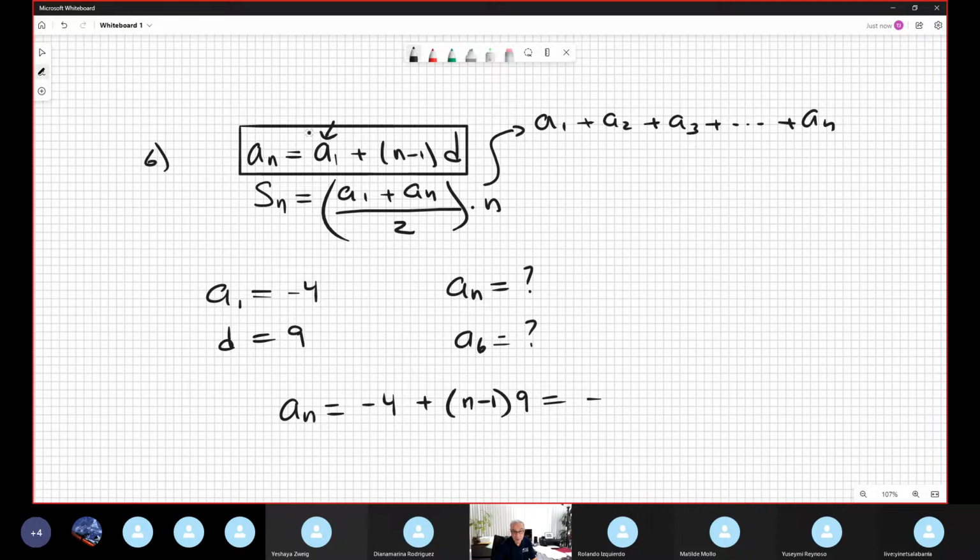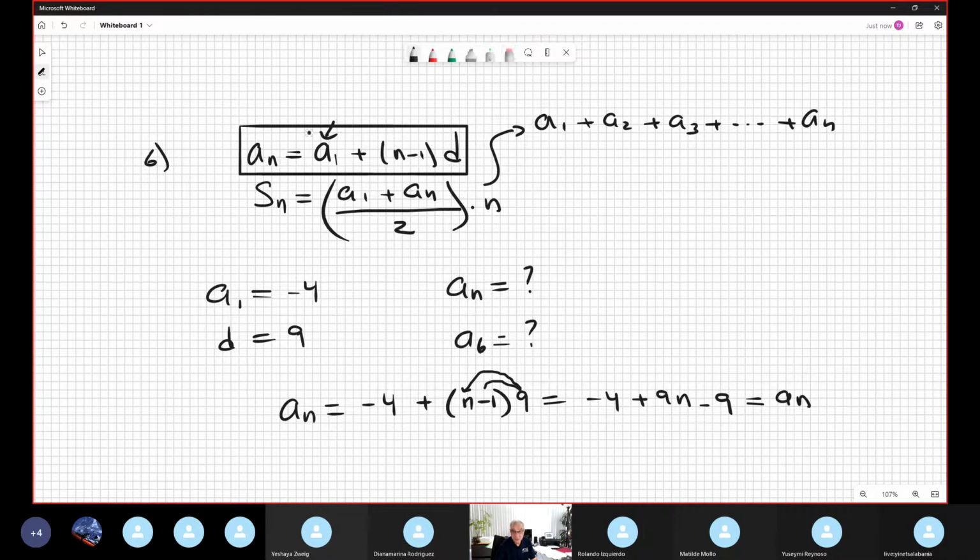You apply the distributive property and combine like terms: 9n plus 5. No, I did something wrong. This is negative, right? Because 9 times n is positive, but 9 times -1 is negative. So it's 9n minus 13.